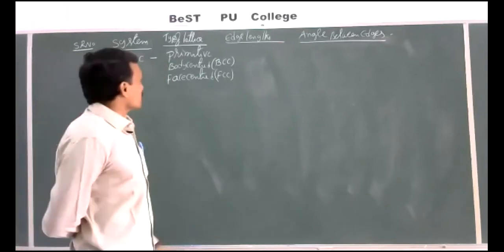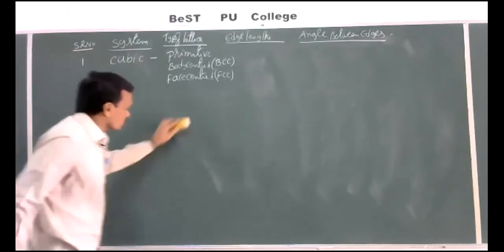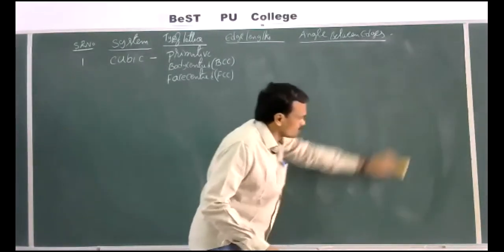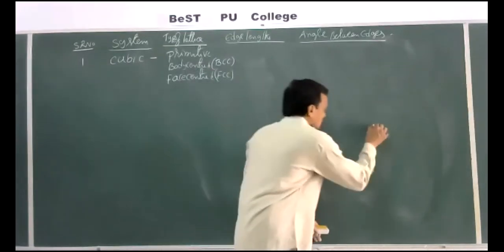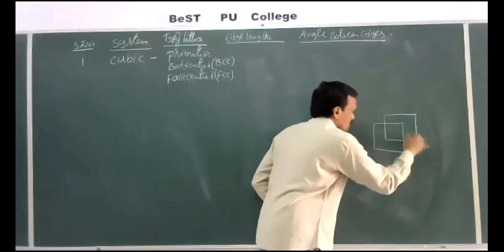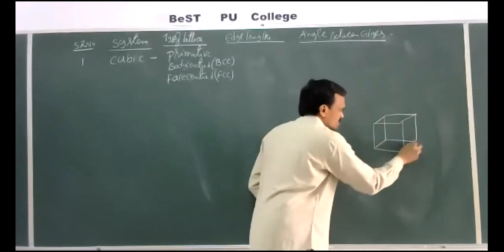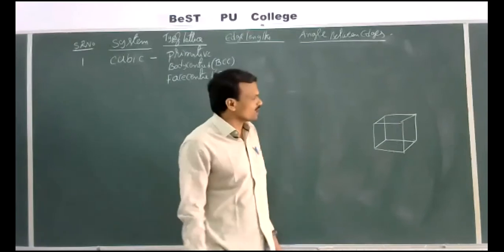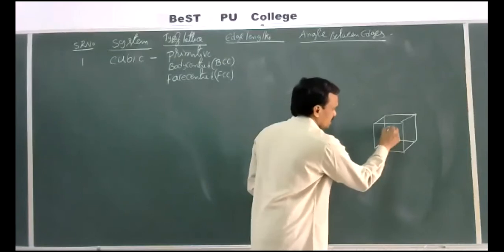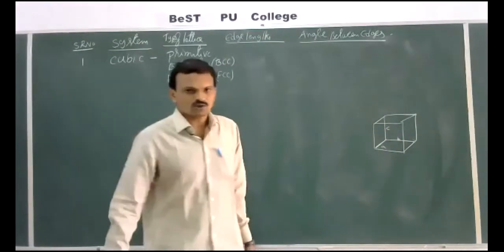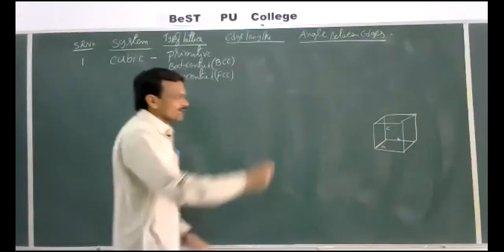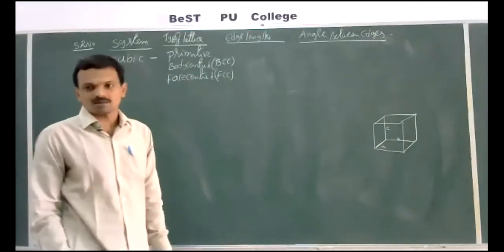Now let us come to the parameters of edge length. Just I'll show you here briefly the diagram. Later I'll show you the clear diagram on the screen. So here, if you take a cube, so if you take a cubic system, in case of cubic system, all three edge lengths are exactly equal, means this is A, this is B, and this is C. So here A value, B value, C value, all 12 edges of cube are exactly same.